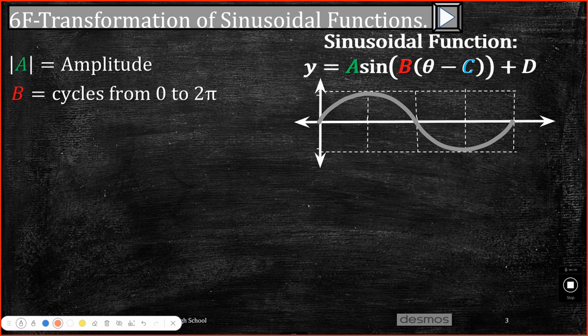It's a horizontal shift. Yes, horizontal shift. And D is the other one, which is the what? Up and down. Vertical shift.